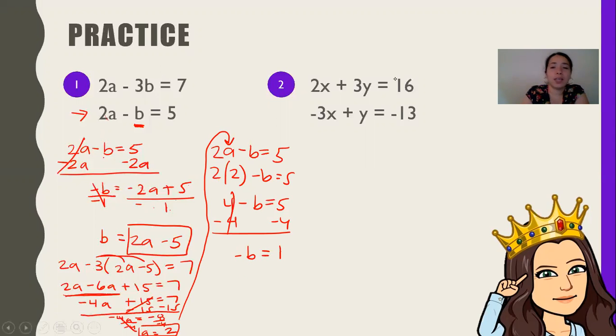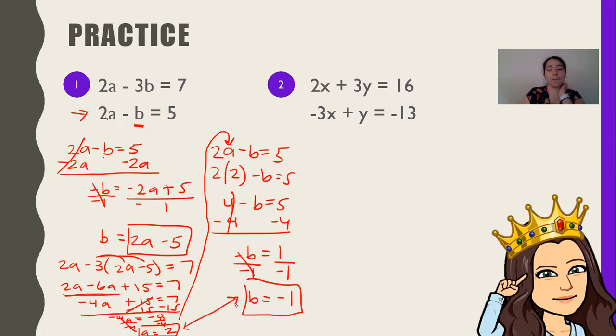So let me ask you again, is B by itself? It is not by itself, because remember, for it to be by itself, it can't have anything with it. This has a negative symbol. So to get rid of it, we're going to divide each side by negative 1. And that gives me 1 divided by negative 1 is just negative 1. Okay. Now we have an answer because we have an A and a B.